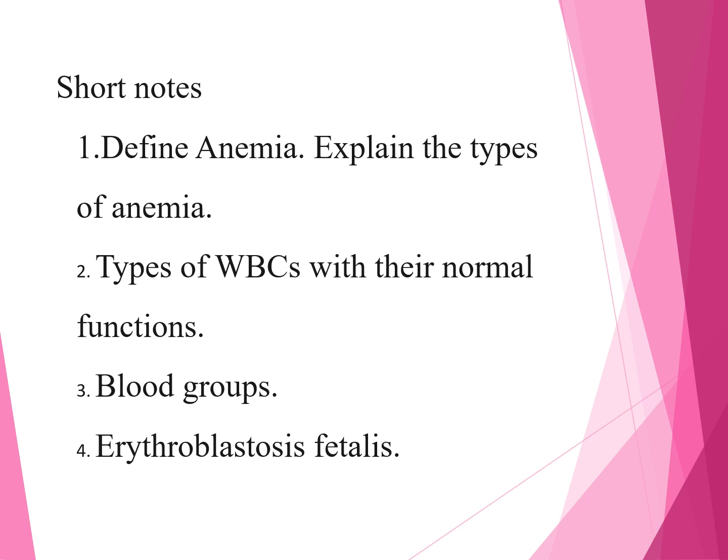And signs and symptoms, just explain what the changes are. In the skin, the color changes, pale in color. The paleness is more constant and prominent in buccal and pharyngeal mucous membrane, conjunctiva, lips, earlobes, palms, and nail beds. Changes in the cardiovascular system: there is increase in heart rate and cardiac output.